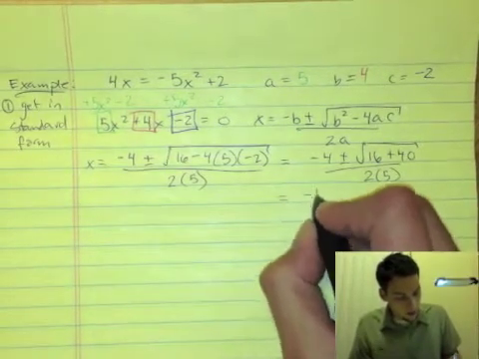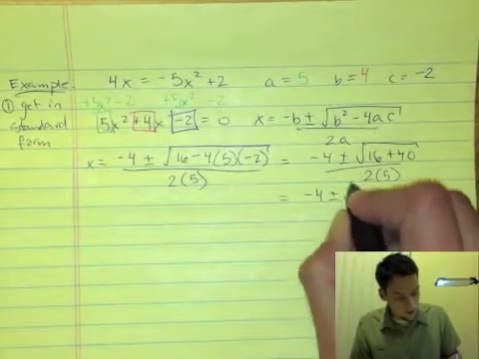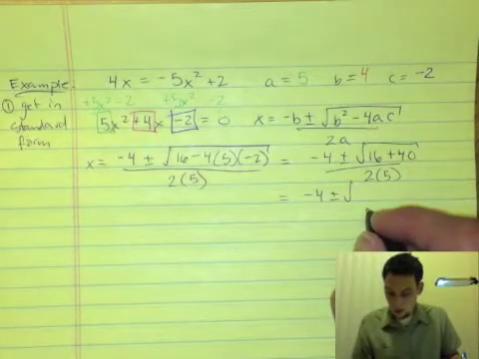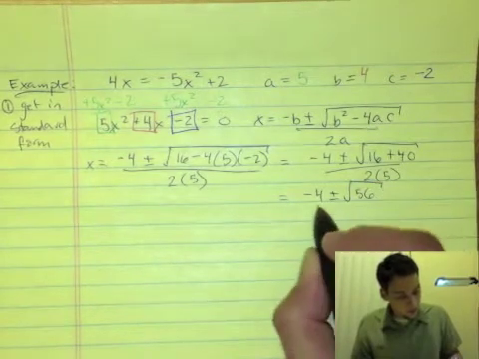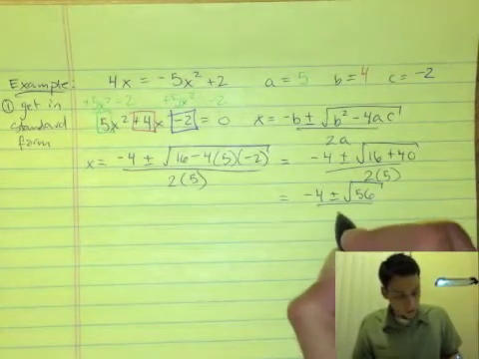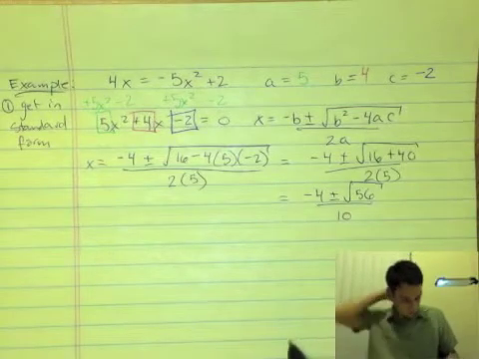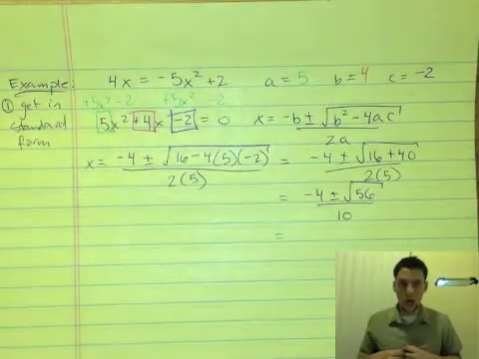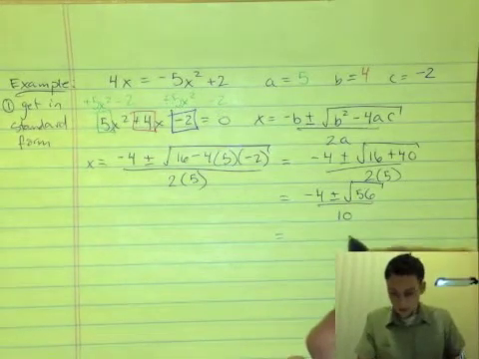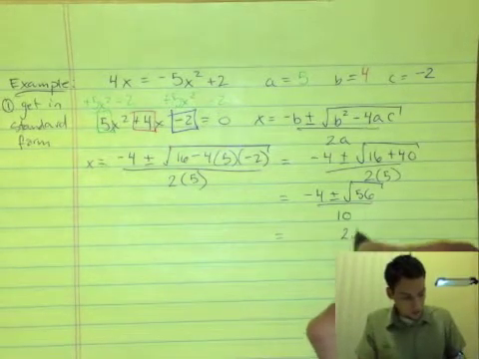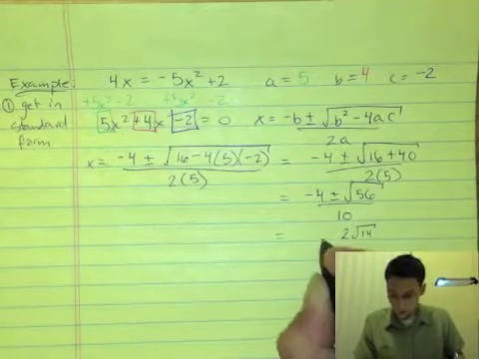So negative 4 plus or minus the square root of 56 all over 10. If we reduce the square root of 56, it reduces to 2 root 14.